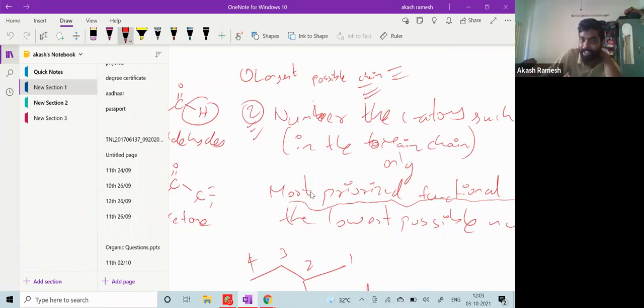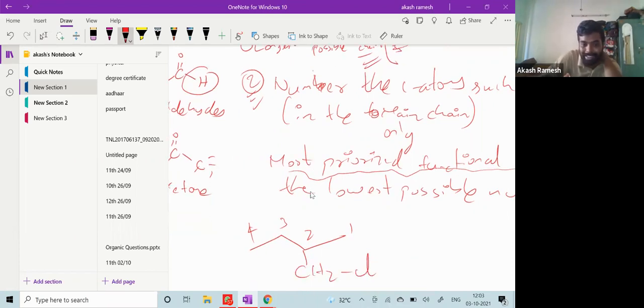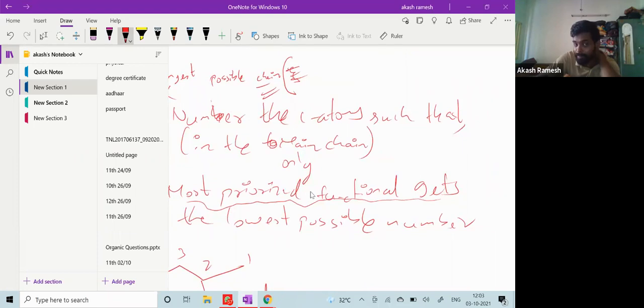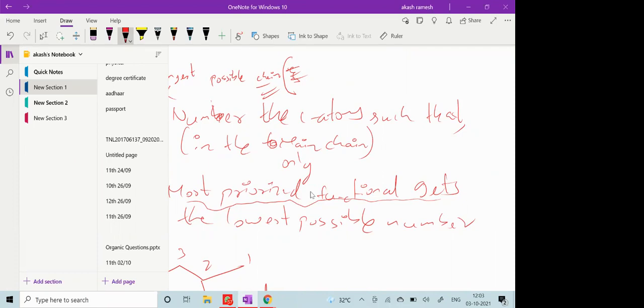So the thing is, when you identify the longest possible chain, the first point itself is wrong. You did not identify the longest possible chain. Here I have 4 carbon atoms. Maximum is 4 only, but the longest possible chain should contain what? Functional group.